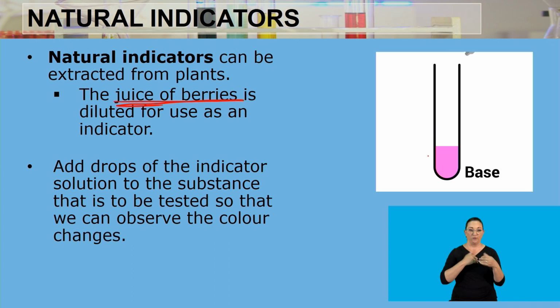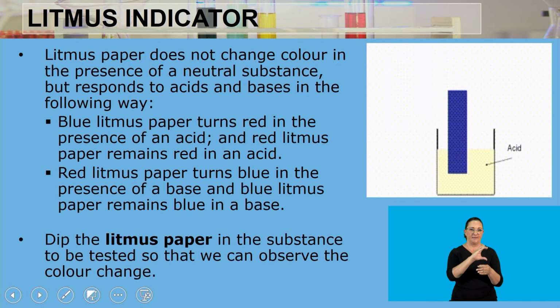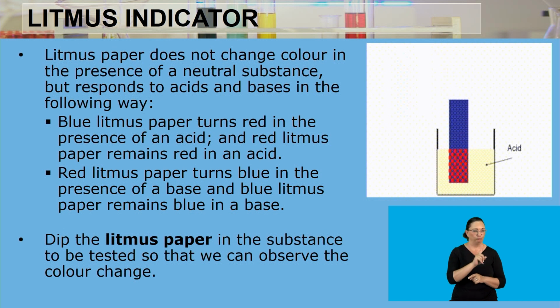It started as purple and then after pouring that indicator, it turns to gray. Because of that, we are able to tell whether the substance is acidic or basic by observing the color change. As I've said, we're just adding drops of the indicator to test if the substance is acidic or basic by merely observing the color change. There is no tasting involved.